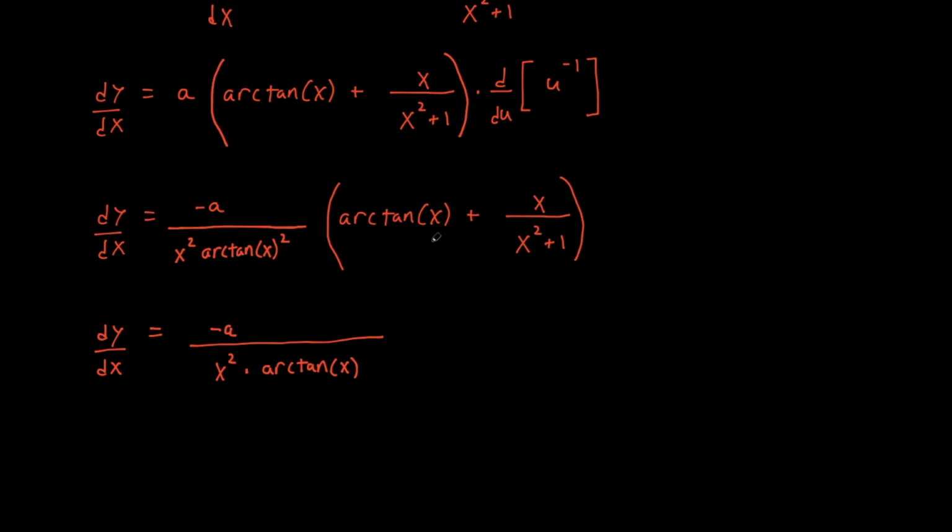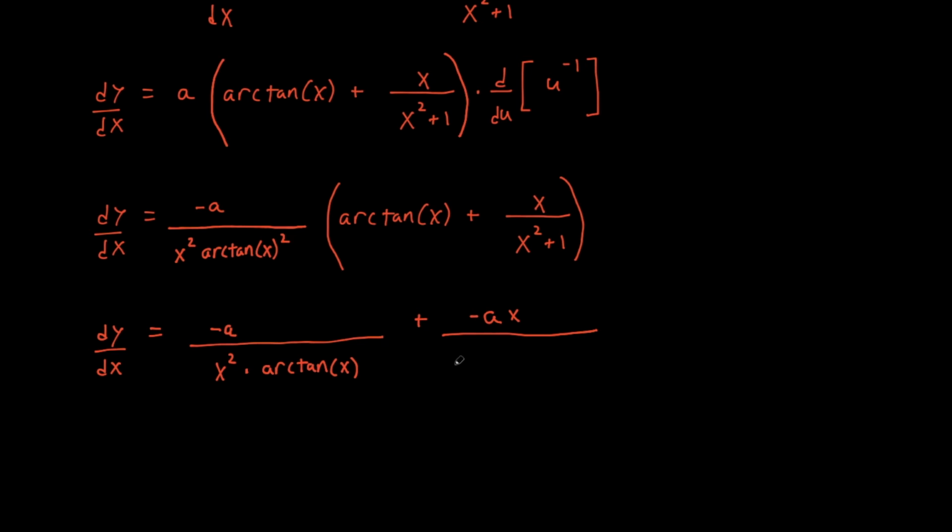And then we still have the other term, so negative a times x is going to be equal to negative a x, and that's over, same deal, the denominator, oh, actually, we're multiplying here.